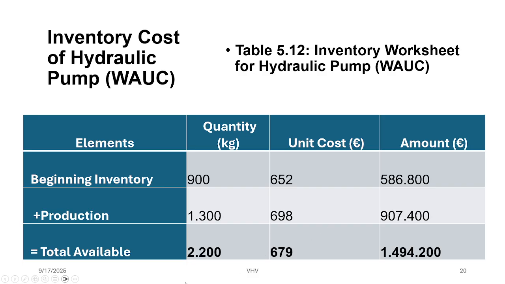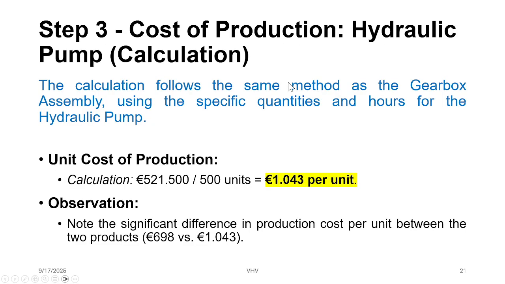This gives us a total of 2,200 units available for sale with a combined value of 1,494,200. The new weighted average unit cost for gearbox, I'm sorry, I made a mistake in the post, is 679 per unit. We use this number to calculate our cost of goods sold. I'm very sorry, it should be inventory for gearbox, right?